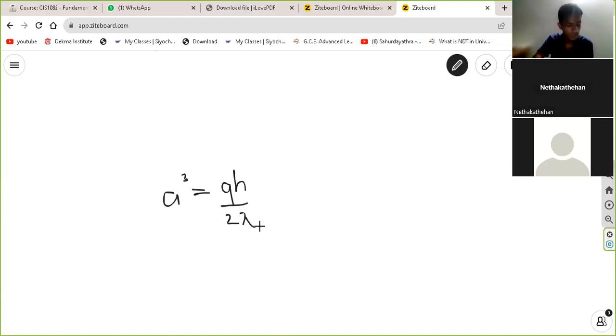Then h is given as the square root of 31.17, and pi as 3.14.